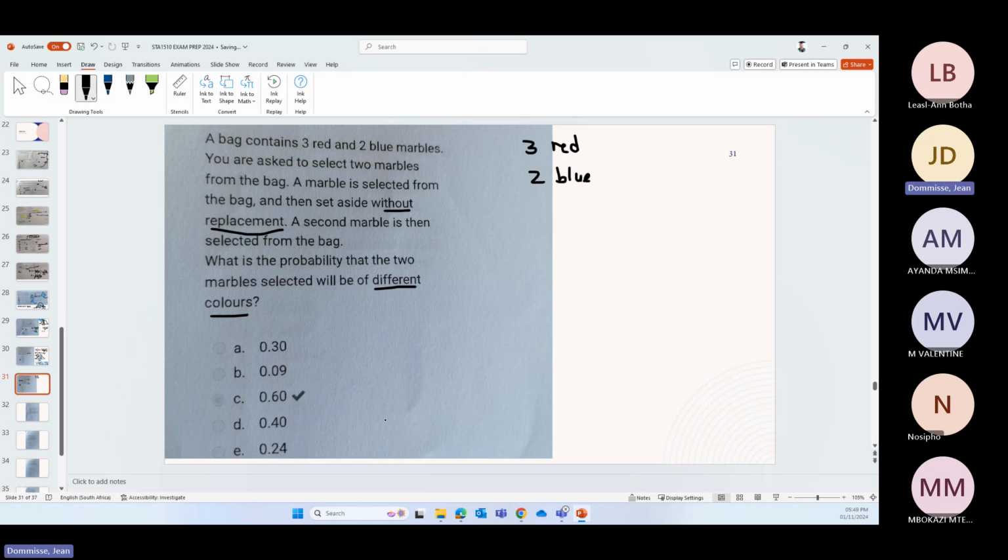This is interesting. What's the probability that the 2 marbles selected will be of different colors?